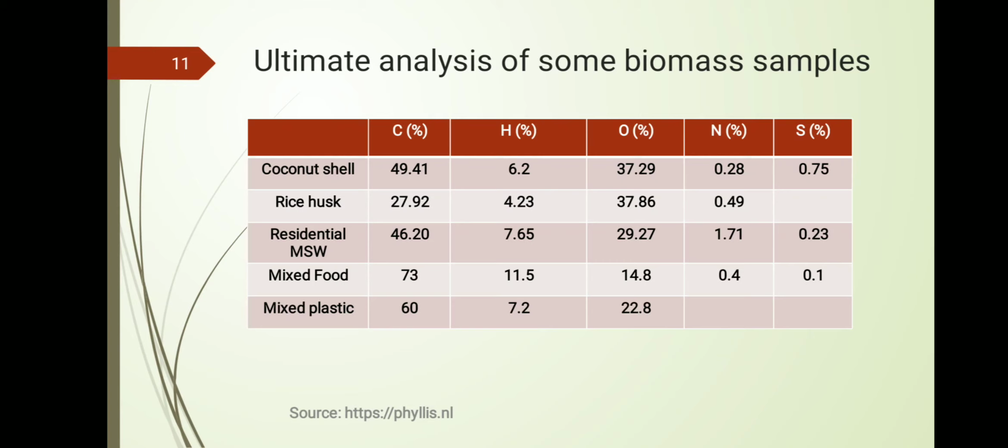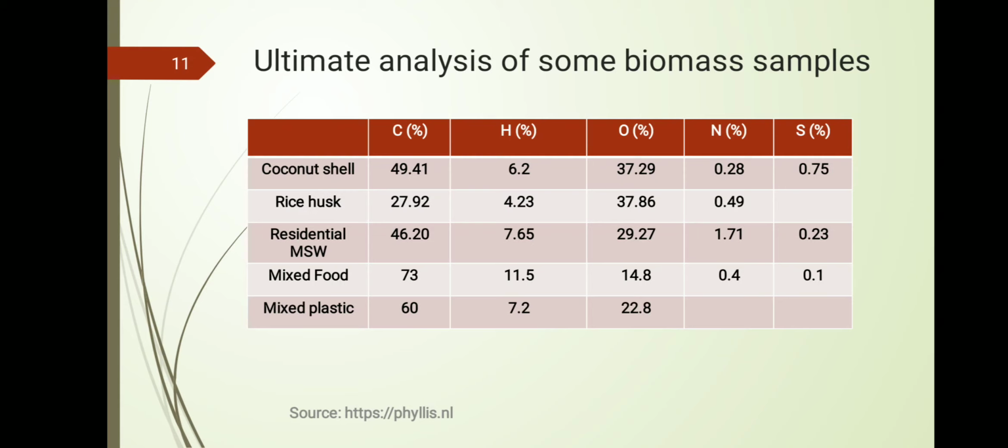After combustion, the residue left will represent ash. So that also we have to add to get 100%. In rice husk we have this low value, and the remaining will be ash. But in coconut shell the ash content is very, very low, so that is why we are getting this high carbon percentage and oxygen.